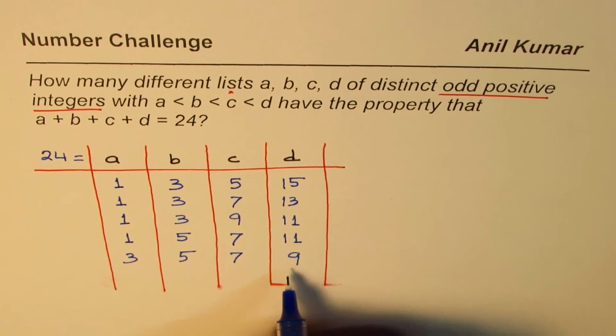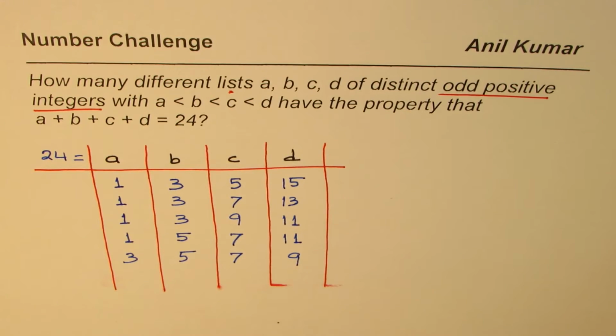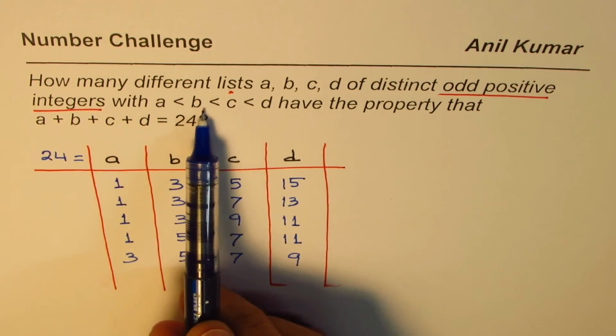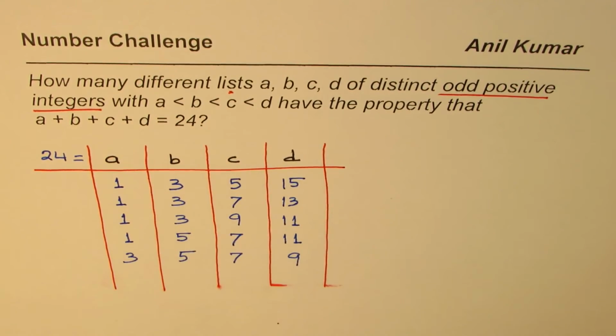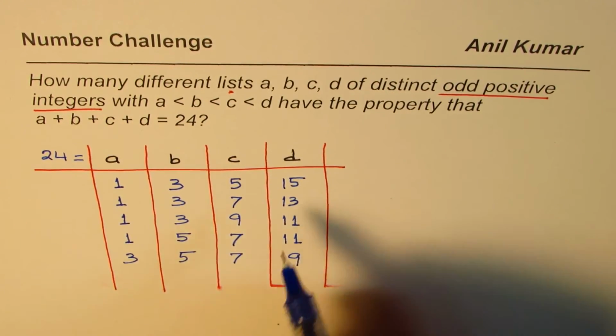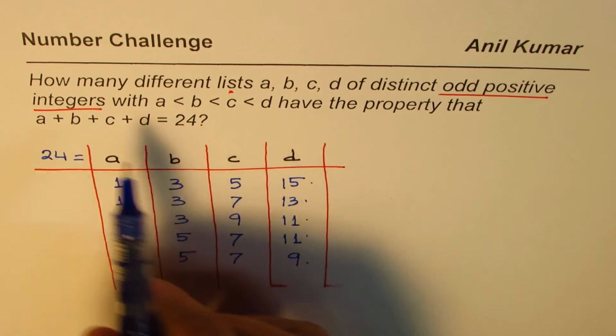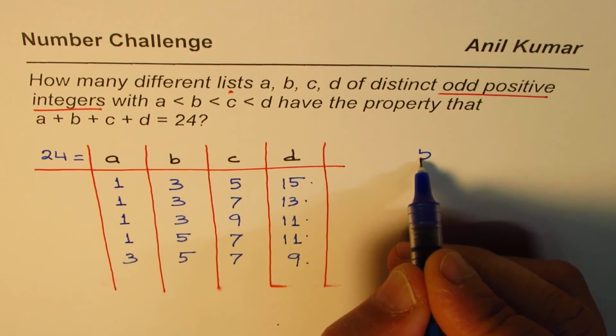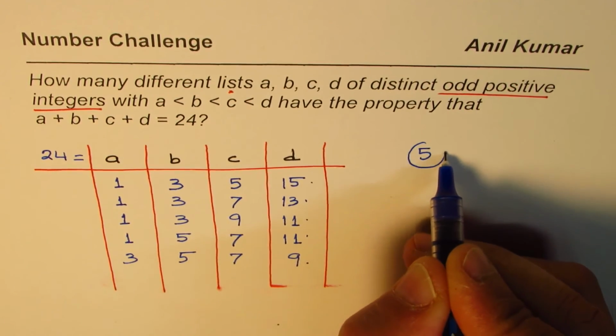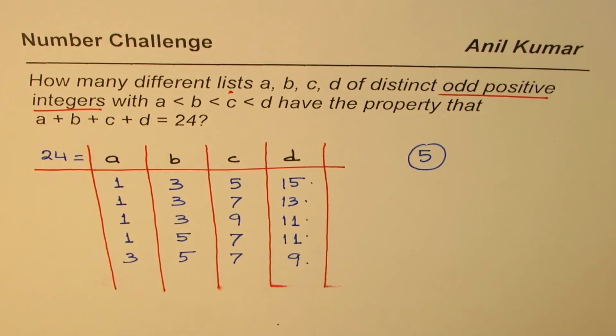That gives us 16. So we get 3, 5, 7, and 9. Now we cannot really go forward with the condition that A, B, C, D are in increasing order. So that gives us 1, 2, 3, 4, 5. So how many different lists can we make? We can make 5 lists. And these are the 5 lists which we can make.